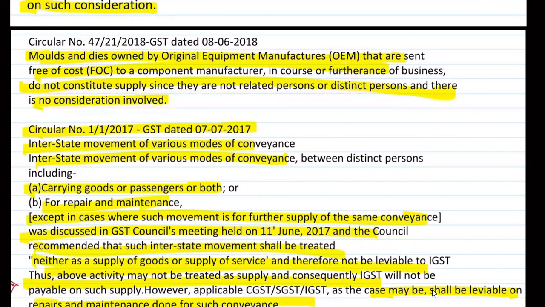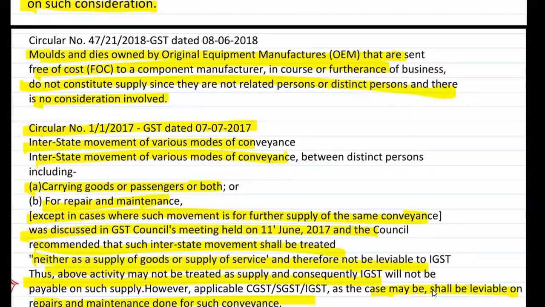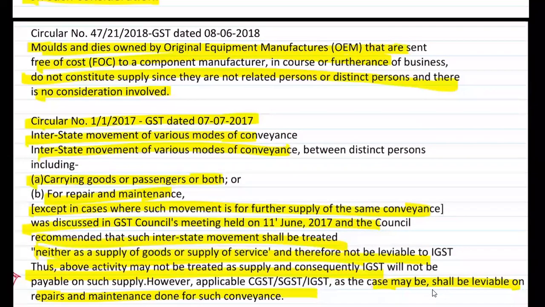Okay, so what actually used to happen, molds and dies, I think everybody knows, like cups and plates and all. For these, there is a shaper on which they are made. If they are also supplied to the OEMs free of cost, for getting that perfect measure, size and shape, then also it won't be considered as a supply and there will be no liability of GST on that, because they are not related person, neither are they distinct person, and no consideration is there.